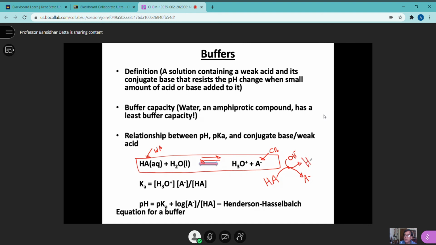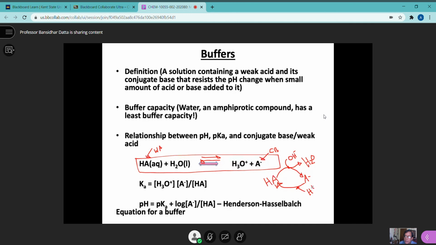That little bit of base takes the proton, making the water molecule and the conjugate base. Weak acid is converted to conjugate base. This conjugate base can be converted back to weak acid if you add a little bit of proton, H plus.